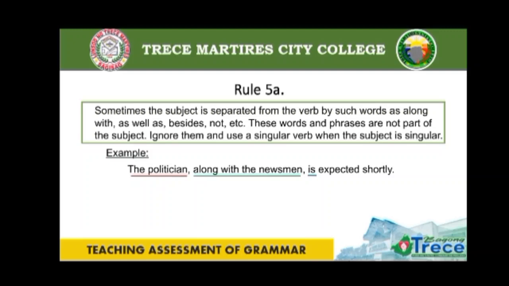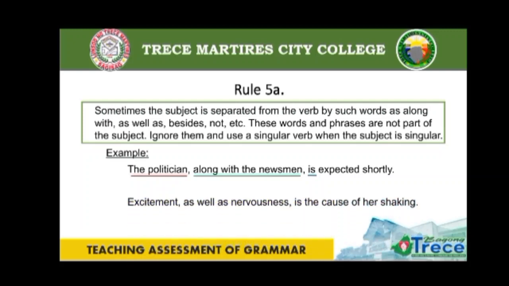Although the newsman is a noun, we don't consider the newsman as the subject because of this rule. It follows "along with," so we cannot consider it as the subject. We just need to ignore it when applying subject-verb agreement.